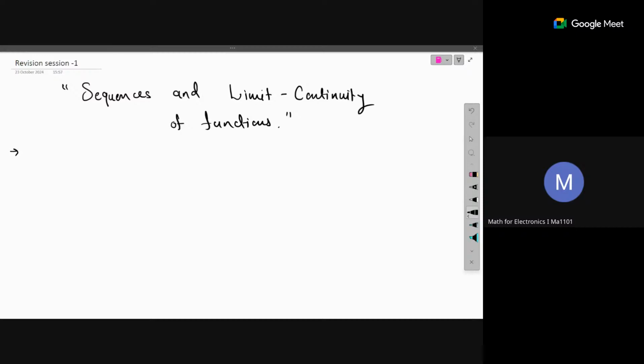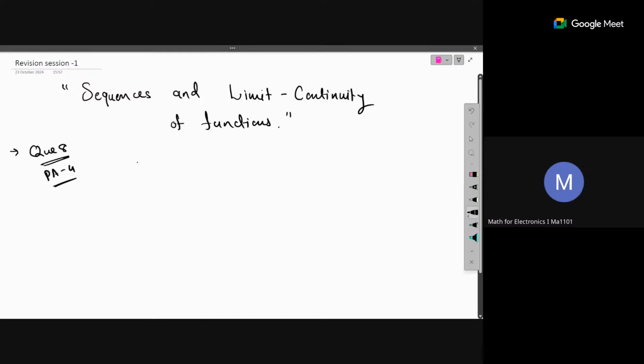So the question is whether the amplifier gain function is continuous. Here simply you have to check the continuity of this function. This is question number 8, practice assignment 4.